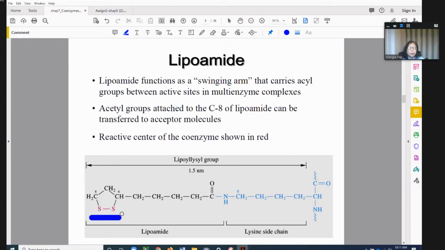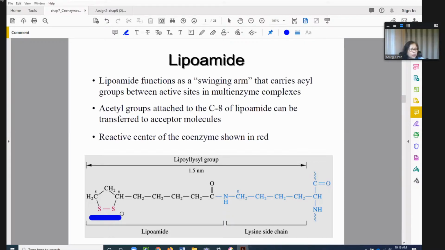The role of lipoamide is that it acts as a swinging arm that carries acyl groups between active sites in multi-enzyme complexes. We'll see this when we cover chapter 13 and going into chapter 14.